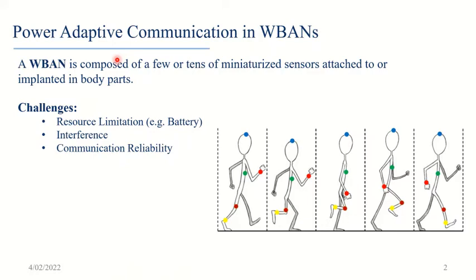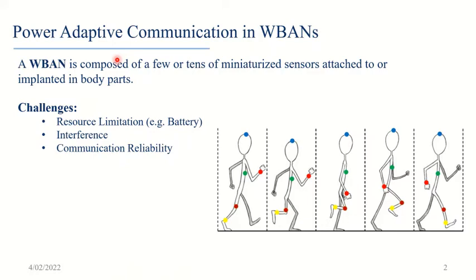So they may produce interference for each other. On the other side, body networks may coexist with other networks in the area, for example, in indoor localization systems. So they may produce interference for each other. And that's why it's very important to design a communication protocol that is interference aware.